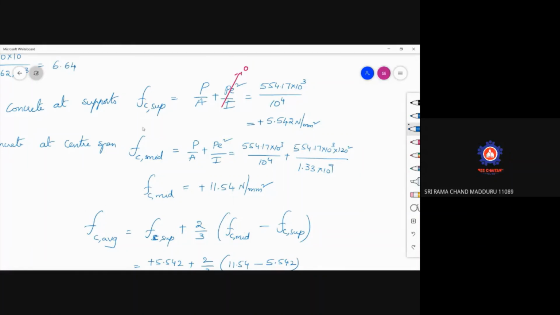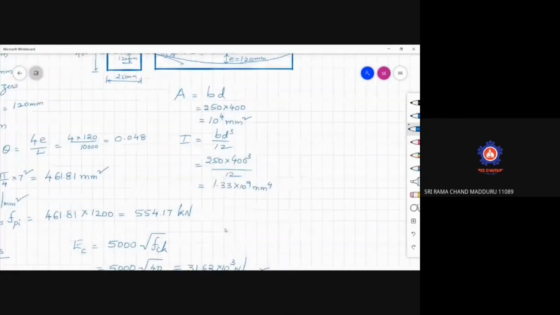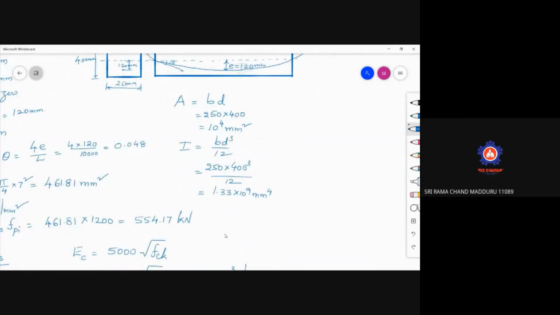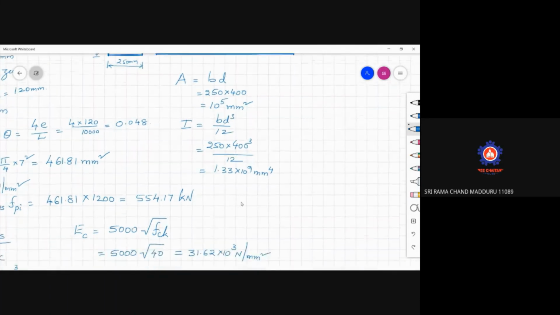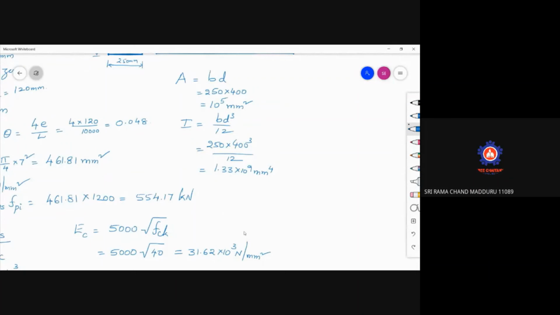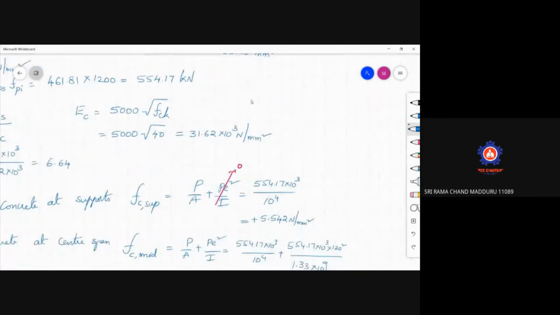Is there any mistake in the area? Yes, sir. Is it 10 power 5? Just make a correction for this one. This is 10 power 5 mm square, so area is 10 power 5 mm square. If you substitute this value here, this will also be corrected as 10 power 5. Then the answer will be plus 5.542 Newton per mm square.